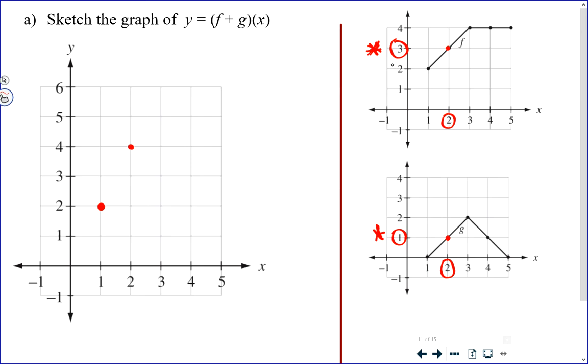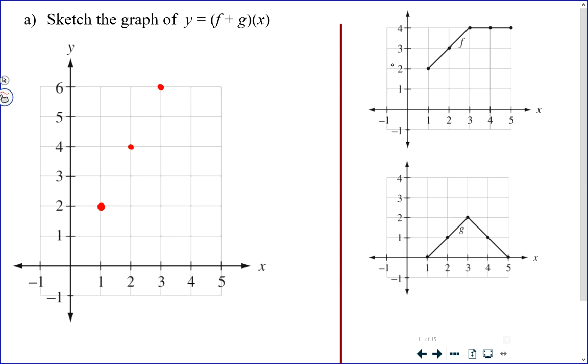Now we move on to when x is 3. When x is 3, we have this point with a y coordinate of 4. When x is 3 on g, we have this point with a y coordinate of 2. So you add the y coordinates. 4 plus 2 is 6. So when x is 3, y is 6. And you continue to do this.